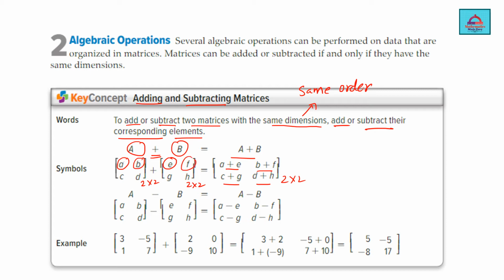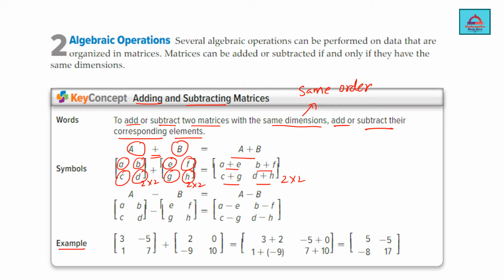Similarly, B with F, C with G, and D with H. So the order, the position is very important. The only thing that will change in subtraction would be that instead of plus, there will be a negative sign. However, again, you are subtracting in the corresponding way, taking the elements in the correct order.